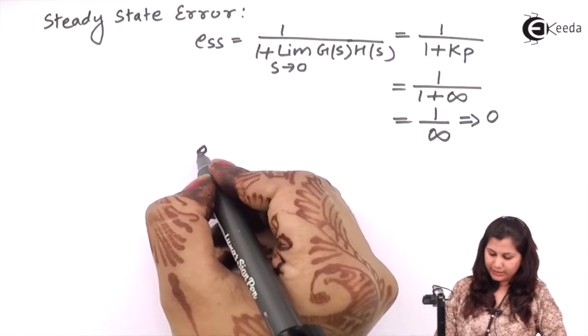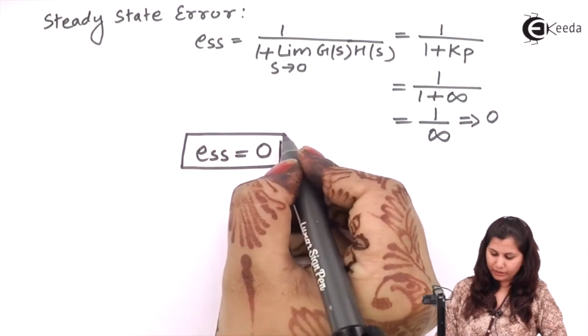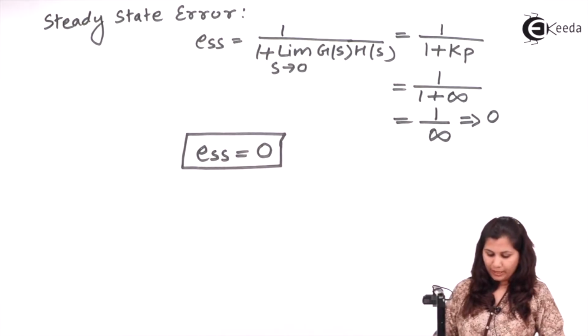So steady state error for type 1 system and step input is 0. Now calculate for ramp input.